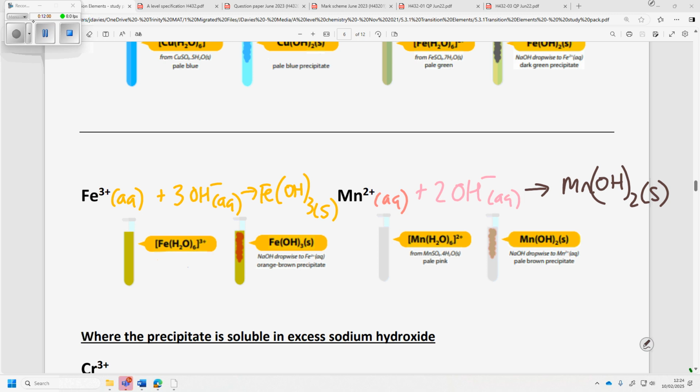Learn the colours of the solutions, learn the colours of the precipitates.